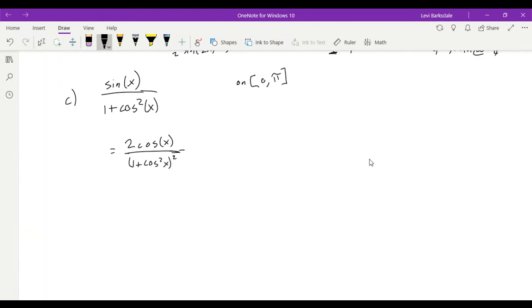If you simplify the numerator using some trig identity, essentially this is equal to 0 only when your numerator is equal to 0. This denominator is never going to be equal to 0 because you have 1 plus this cosine squared, so that's always bigger than 0. So essentially the only part we need to be careful of is when x is equal to pi over 2.